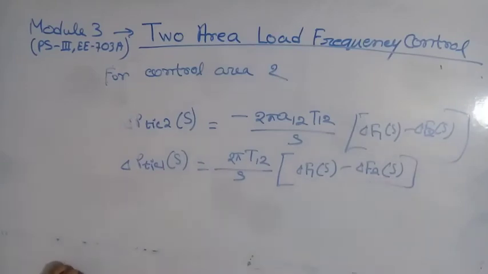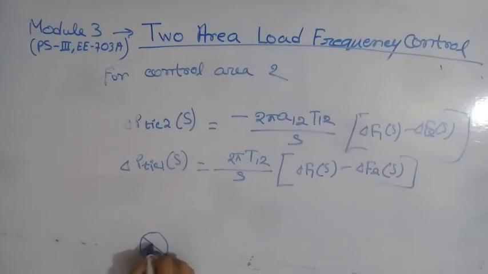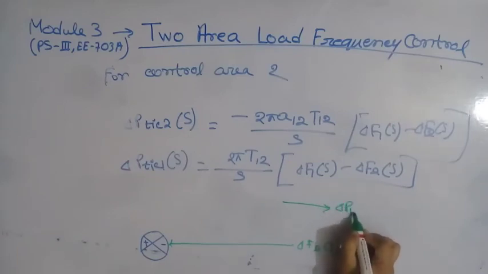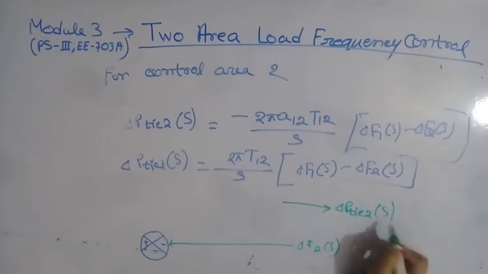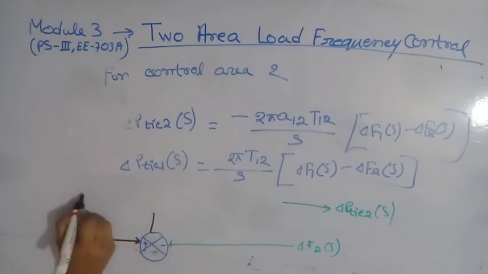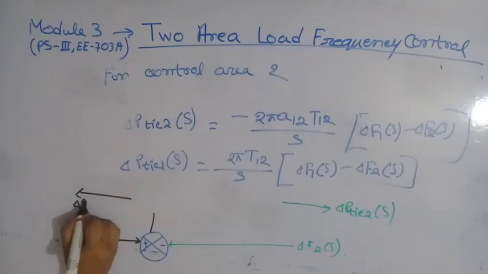Now if we draw the block diagram, this is delta f2s, this is tie line power for control area 2, this is frequency of control area 1, and this is the tie line power for control area 1.